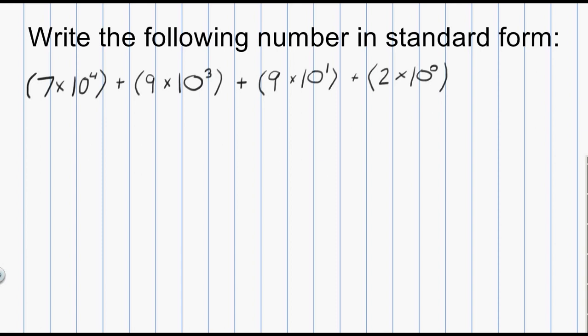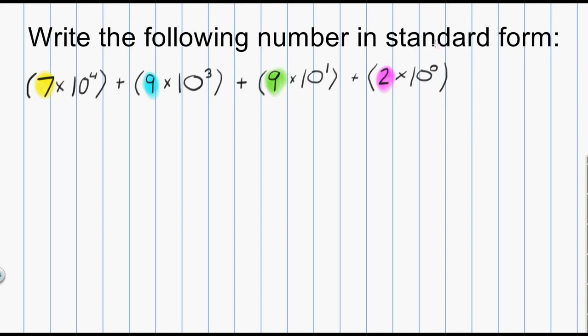Before we go on and work another example, I want to show you a mistake that people make a lot of times when they work these kinds of problems. They'll go to each one of these expressions and take the first single-digit whole number in each one. They'll go to the 7, and the 9 in this expression, the 9 in this expression, and then the 2 in the last expression.